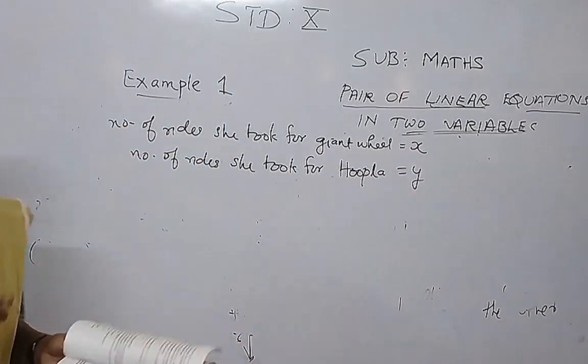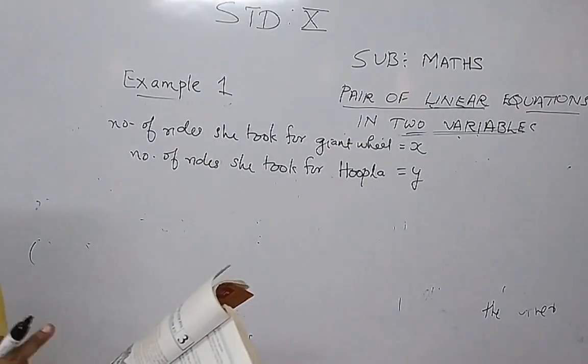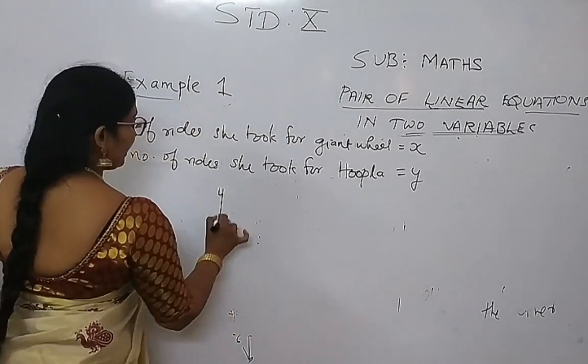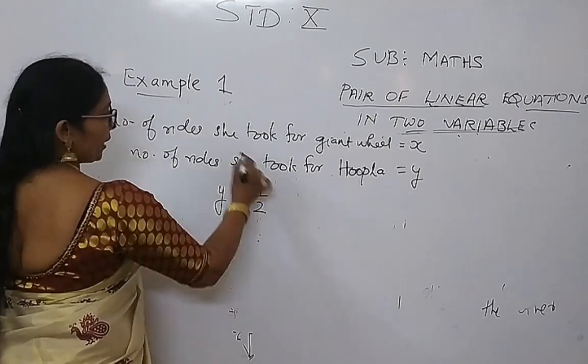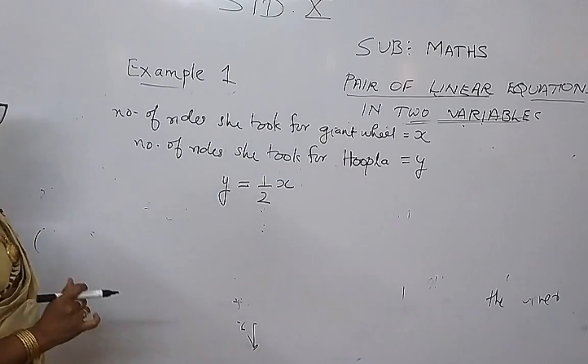Now according to the situation in the question, the number of times she played hoopla, that is y, is equal to half the number of rides she took on the giant wheel. So you got the first equation.